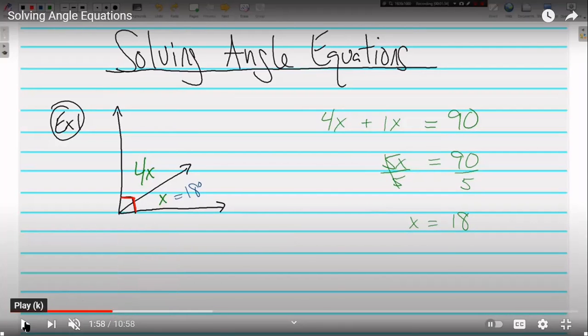Then we will find the measure for the second angle, which is 4 times 18 equals 72. Then we found the measure for each angle.